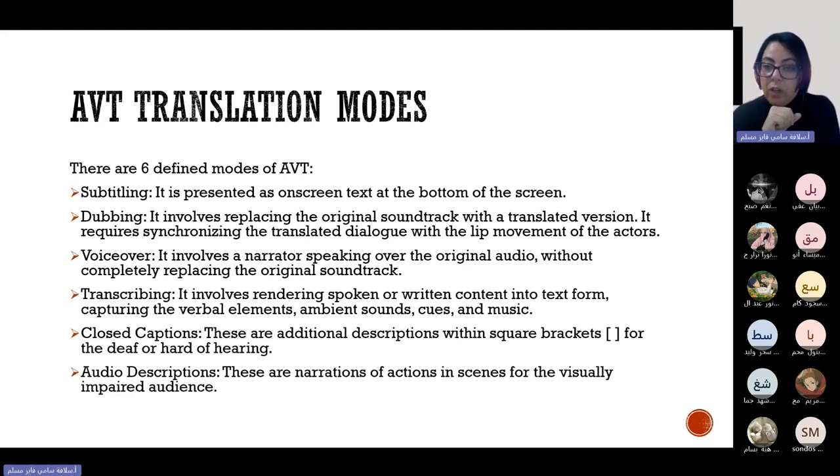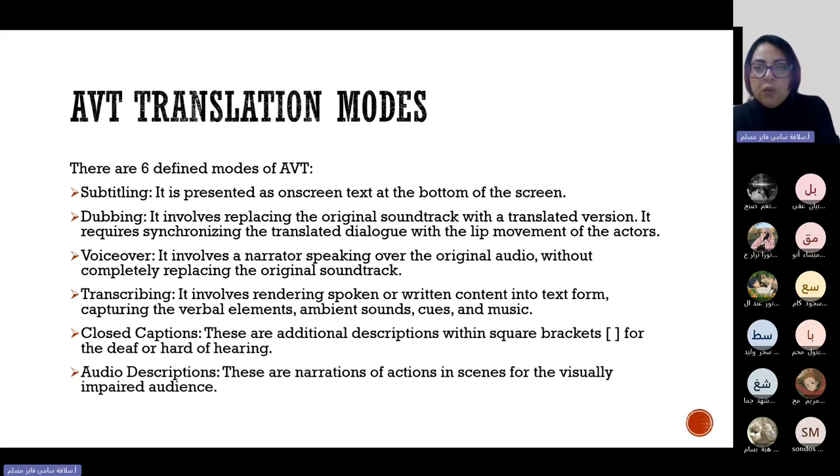Okay? And the main factor that is unique to dubbing is lip synchronization. Okay? The lip movement matches the voice heard. This is the feature of dubbing.